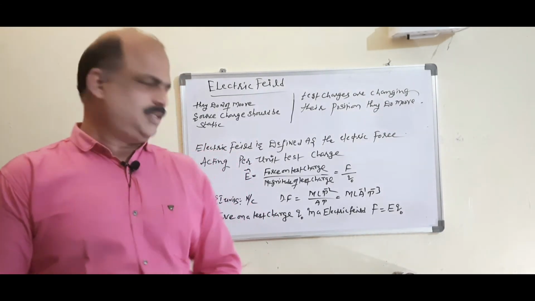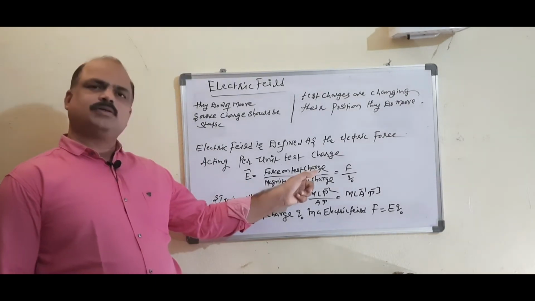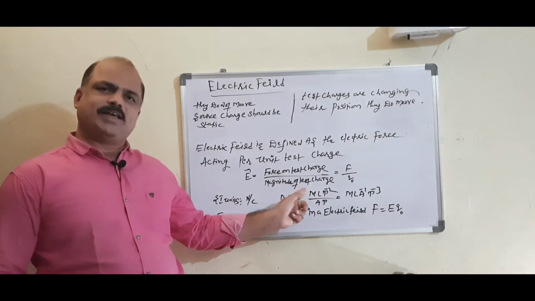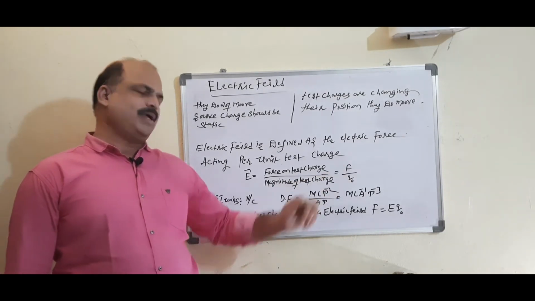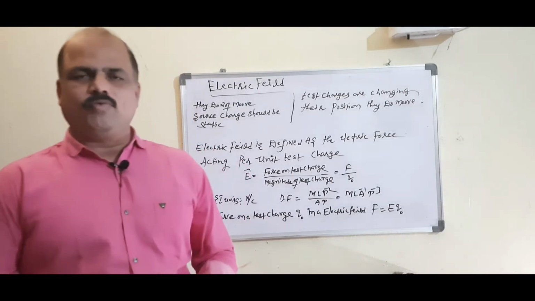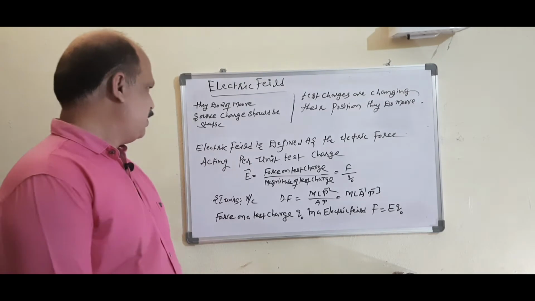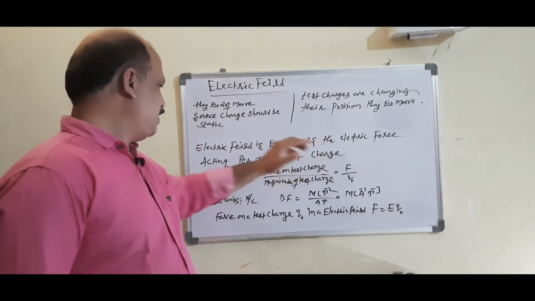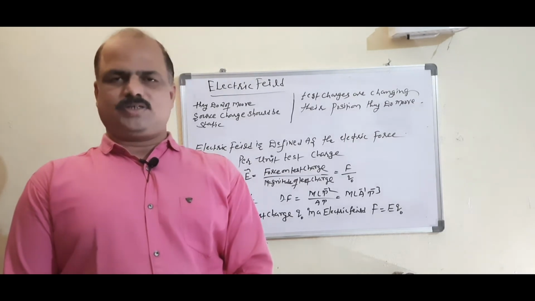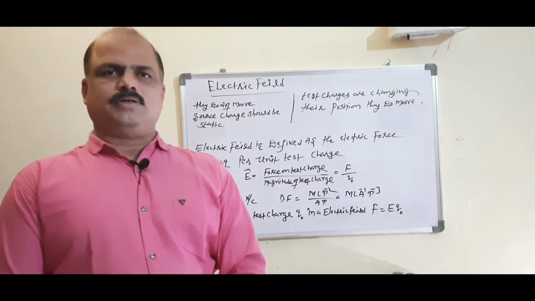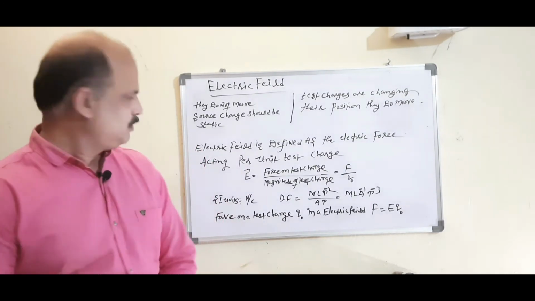Electric field intensity, E bar, is equal to force on test charge divided by magnitude of test charge, that is F by Q naught. This is the measurement of electric field or electric field intensity.